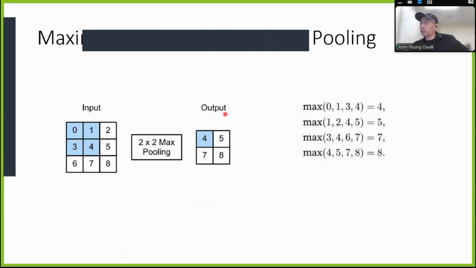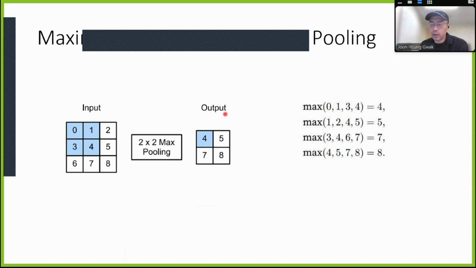The average pooling might smoothen out the image, whereas the max pooling would make the features more clear. That is one intuitive understanding you can think about.